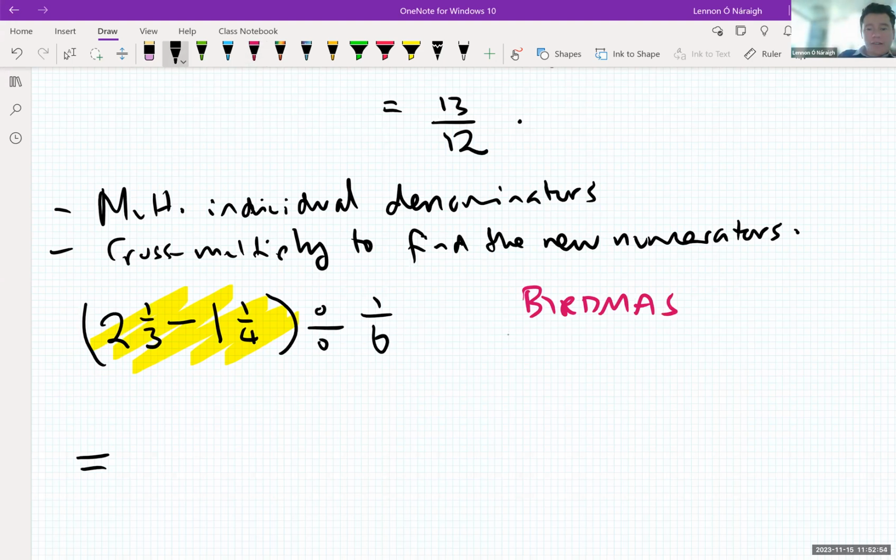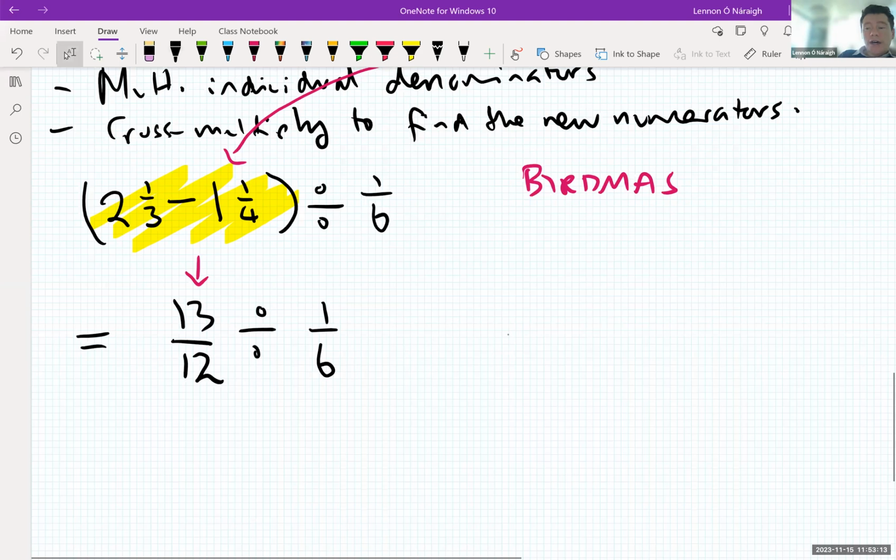But happily, the thing that I just highlighted in yellow, that's the sum that I just did, 13 over 12. Divided by 1 over 6. And now I use the rule that when I am dividing, it's the same as multiplying, but with the fraction flipped around.